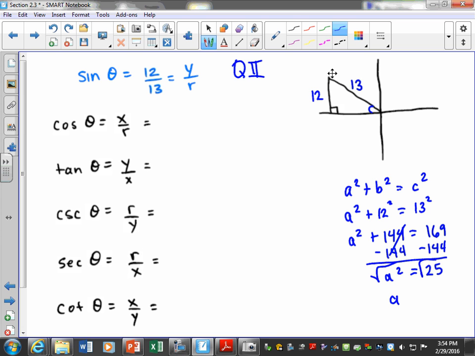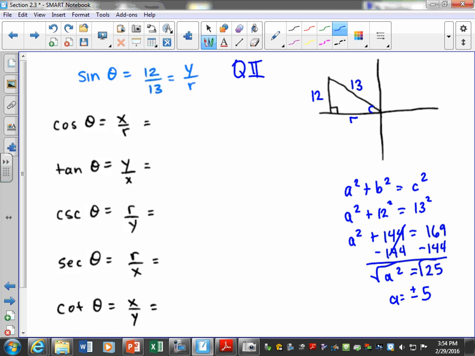Square root. I hope you remember doing the Pythagorean theorem. So a is equal to plus or minus the square root of 25, which is just 5. That means this value is either positive 5 or negative 5.